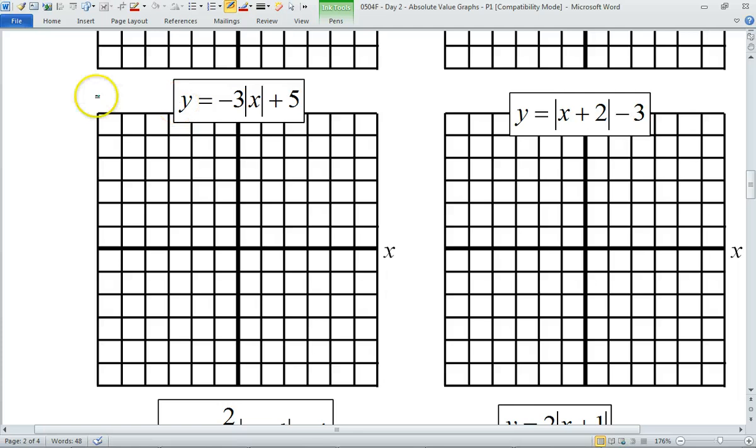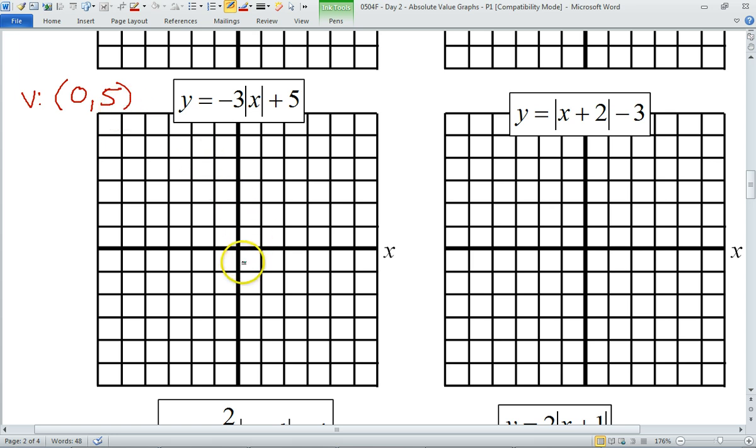No, it's just x. That means the x-coordinate of the vertex is what? 0. So I'm going to start off with an x value of 0. Now this number on the end tells me the y-coordinate of the vertex, doesn't it? So what's the y-coordinate of my vertex? 5. So my vertex is going to be 0, 5. The -3 doesn't affect the vertex.